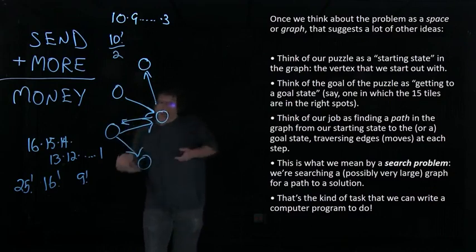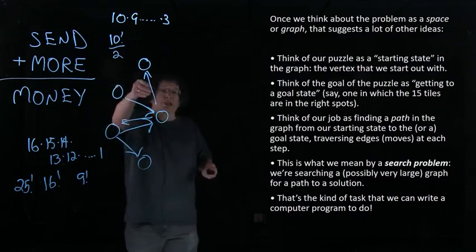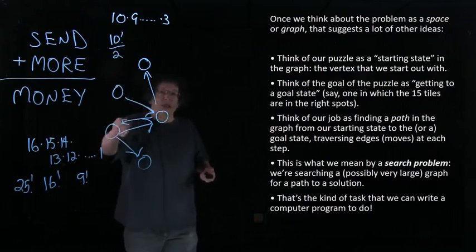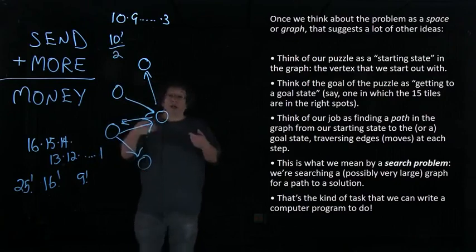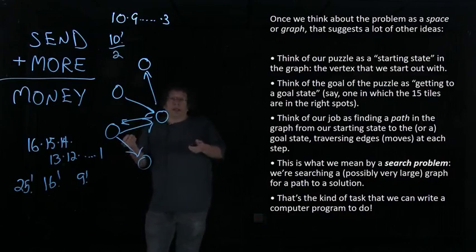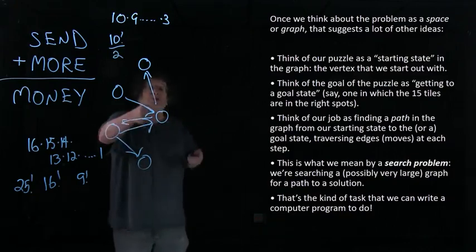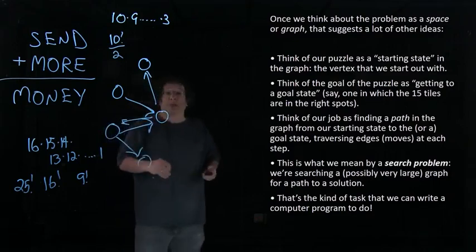Now, our job is to move about the graph so that we can take specific moves from one state to another until we get to a goal state. There may be more than one goal state in the graph, or there may be just one, but a goal state is a vertex which represents the solved puzzle.